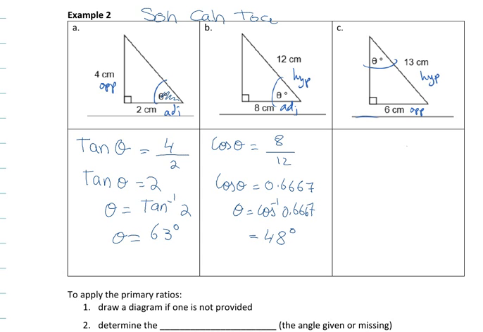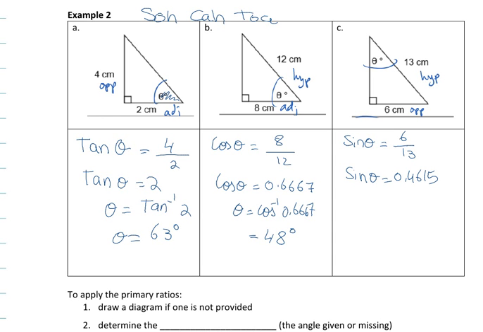So which ratio am I going to use? Sine. So it's going to be sine theta equals, the opposite is 6, and the hypotenuse is 13, so it's going to be 6 over 13. 0.4615. What's after the 5? 3. Okay?